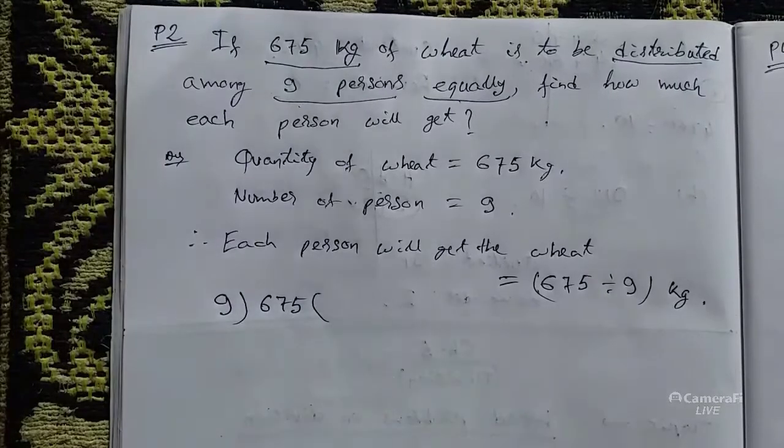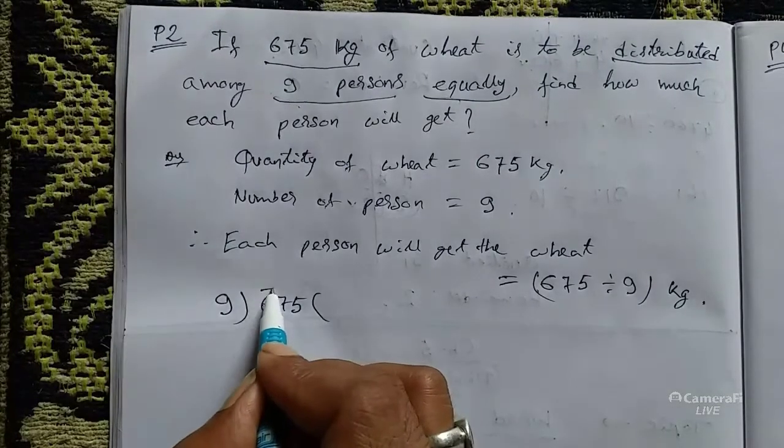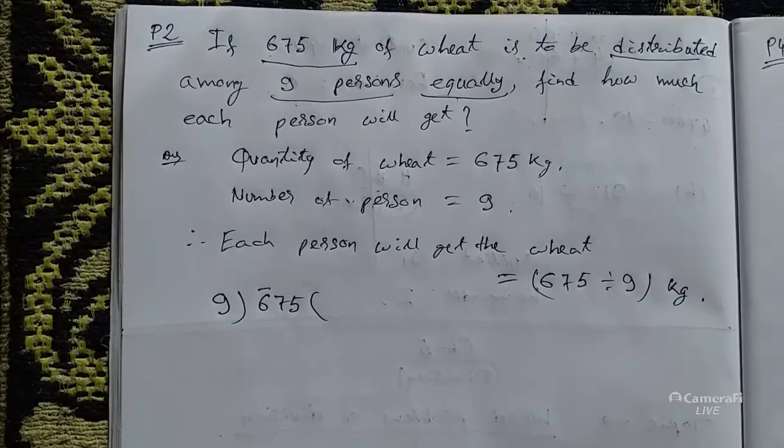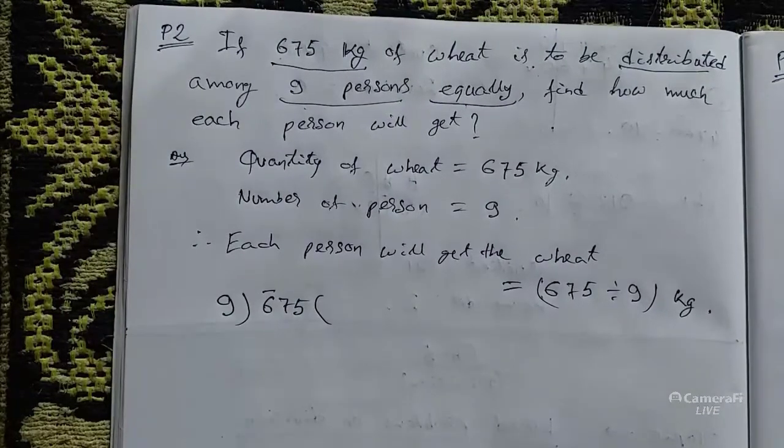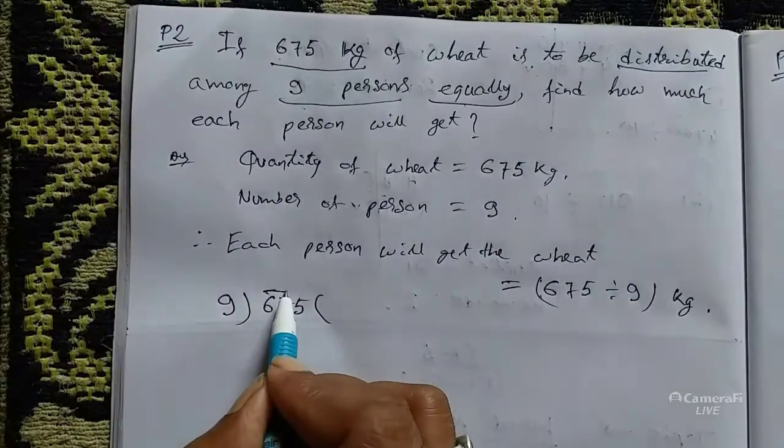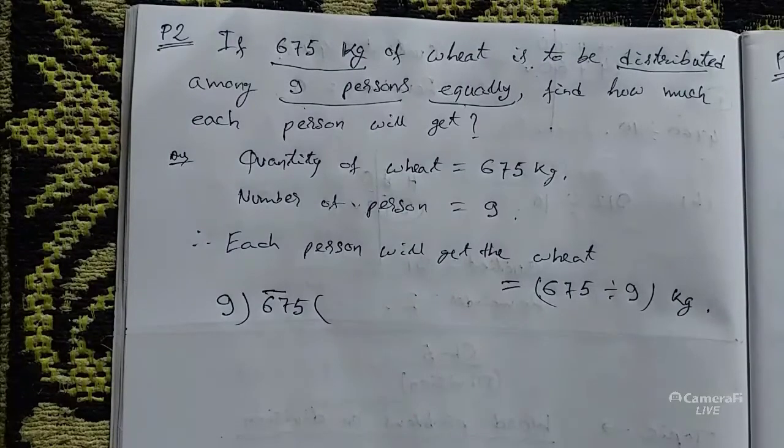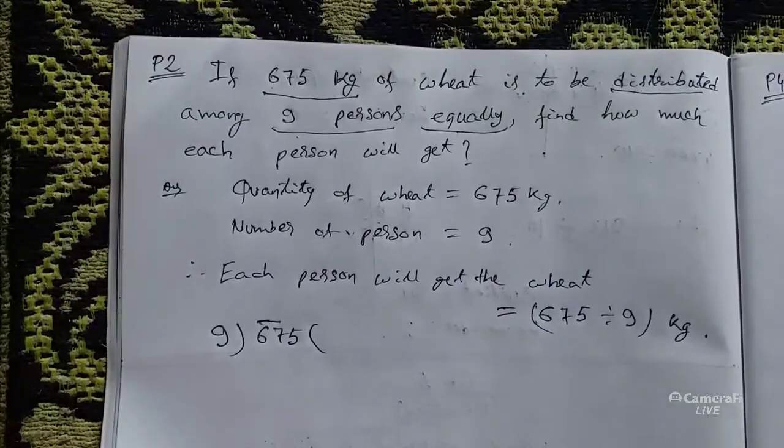Now let us divide this at the side. 675 we have to divide by 9. Take the first leftmost digit 6, but it is less than 9, we cannot take only 6. Take the next digit and we get the 2-digit number 67.